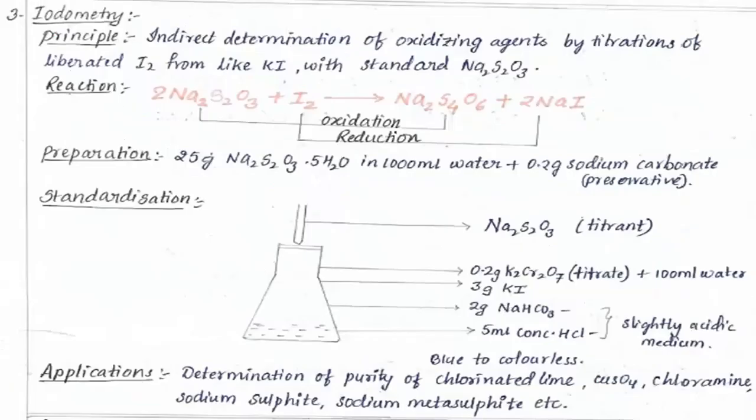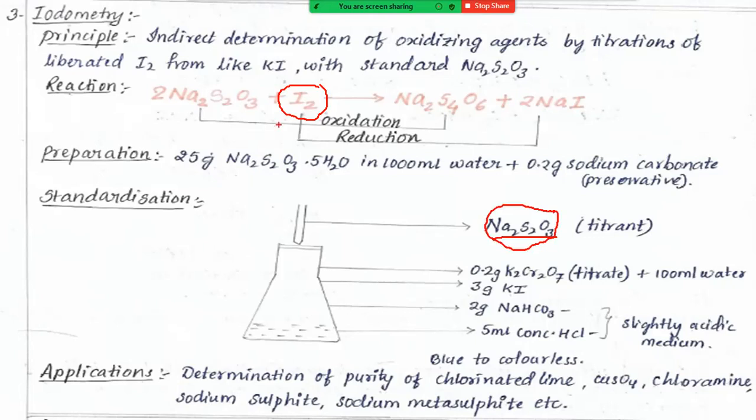And the next one is iodometry. Here iodometry is an indirect method. Why? Because here also we are using iodine, but this iodine is not directly added. If you observe closely, sodium thiosulfate is there, but there is no iodine. We are not adding iodine here as the titrant solution, because this is an indirect method, right?